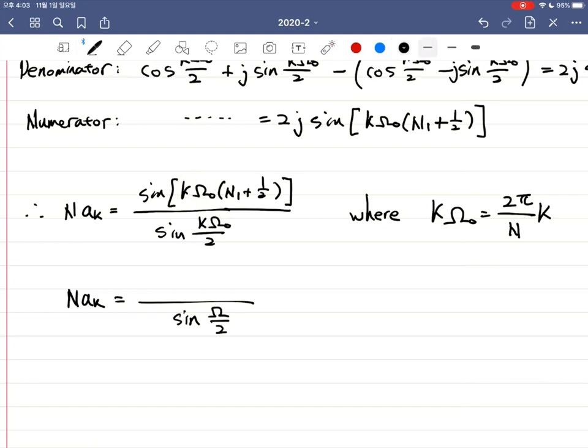I'm going to use the term omega here for the final representation of this solution.